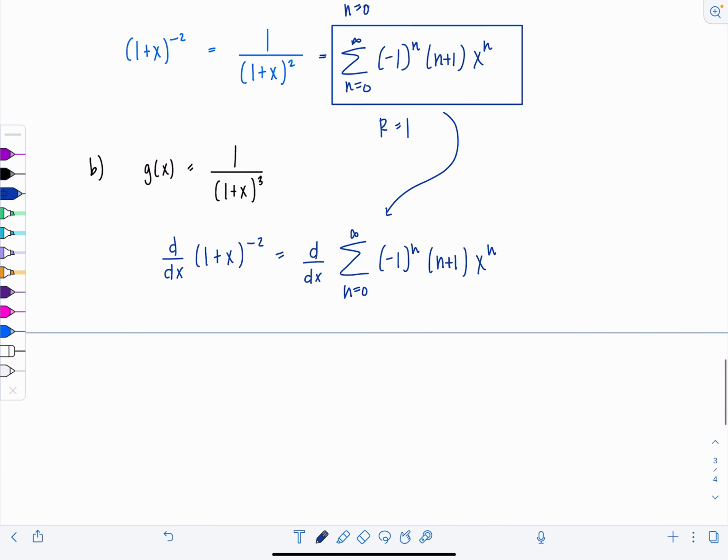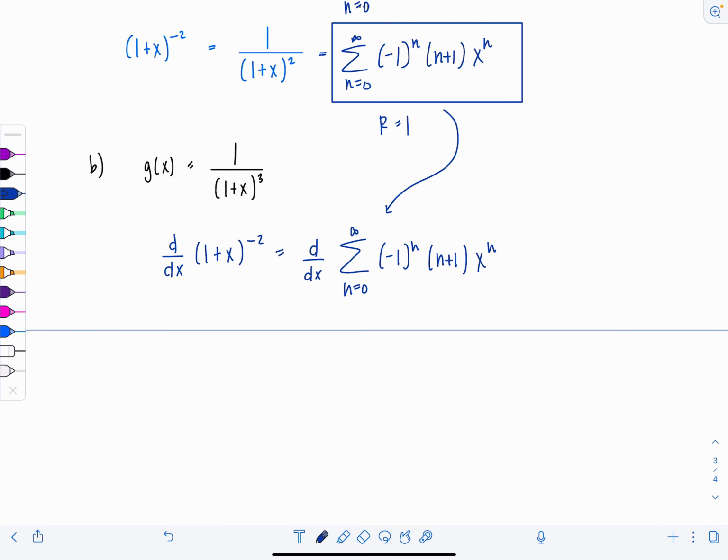Okay, let's see what emerges. So take the exponent, bring it down in the front. That's going to be negative 2. Leave that alone. New exponent's going to be negative 3. Good. And then derivative of the inside's just 1, so we don't need to do anything else.